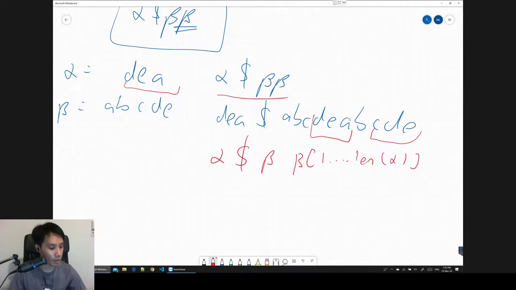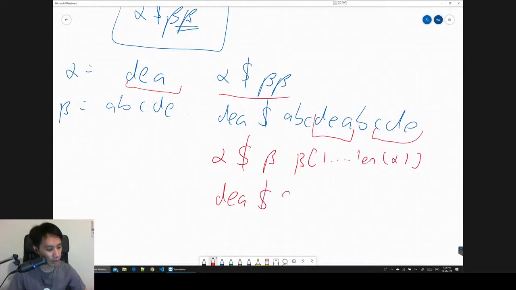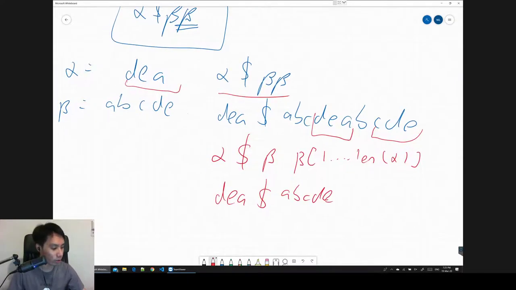So in this case, it's going to be D, E, A, dollar sign, A, B, C, D, E. Okay? And the last one, because the length is 3, I only require 3 alphabets more. Right? Because I know what I'm looking for is shorter. So I do not need all of my additional longer string.